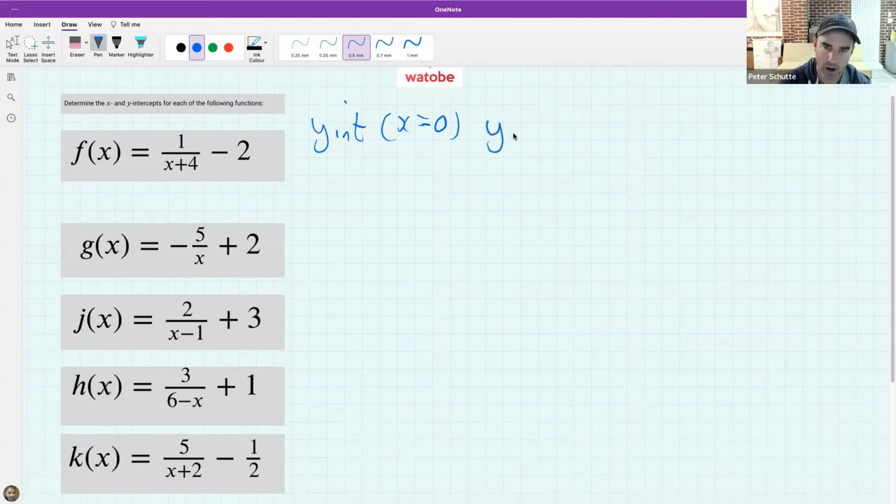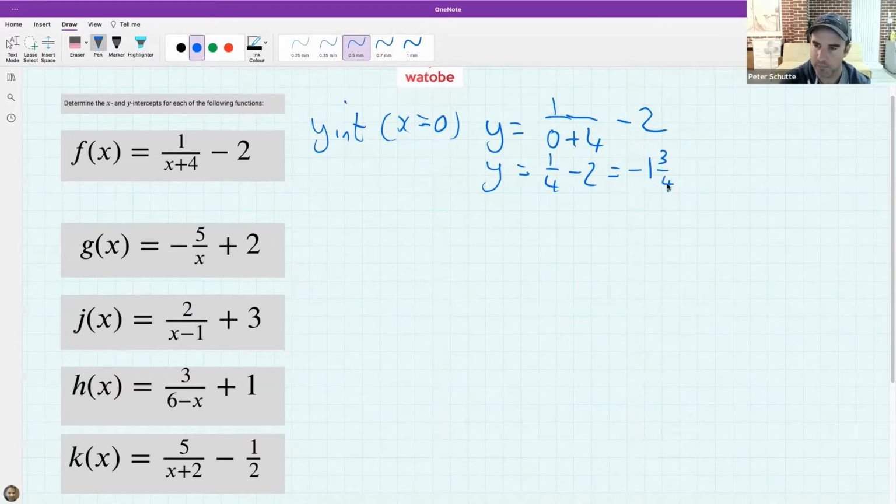I go y is equal to 1 over 0 plus 4 minus 2, which then can be written as 1 over 4 minus 2, which is going to be minus 1.75 or minus 1 3/4. So that would be the y-intercept for this particular hyperbola.